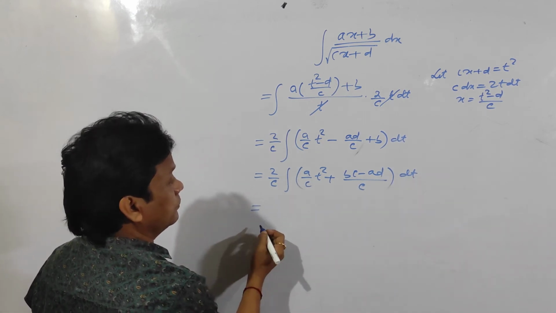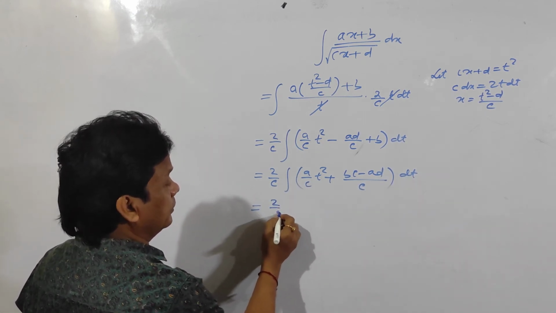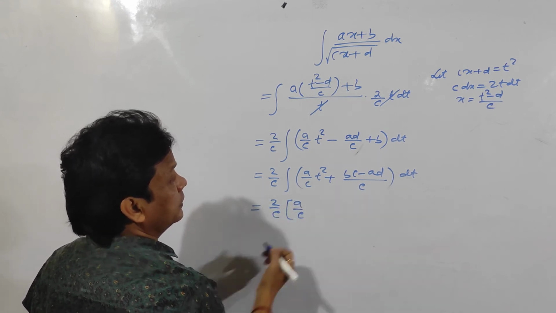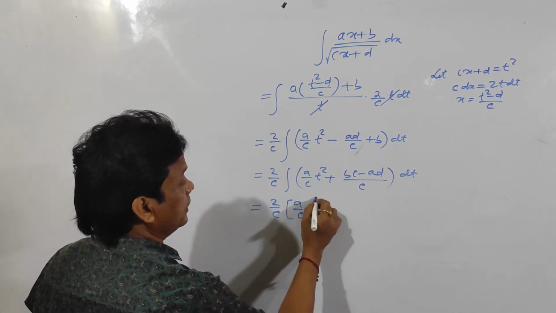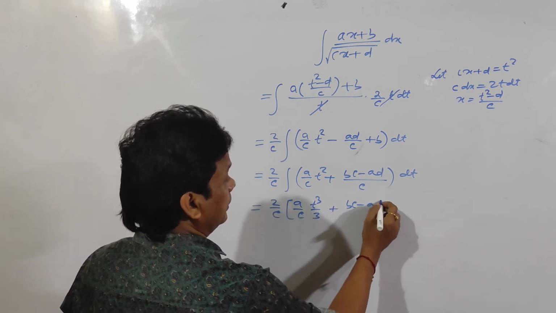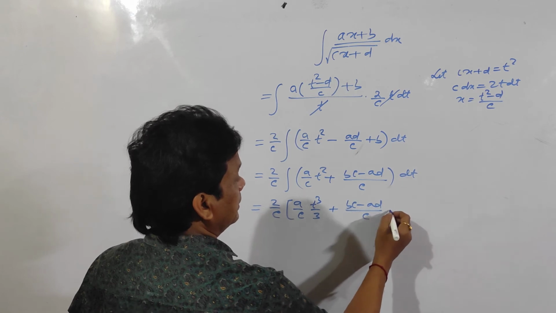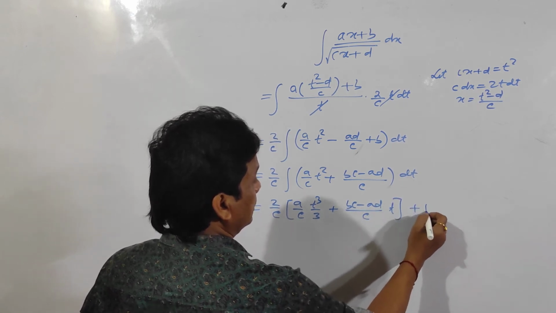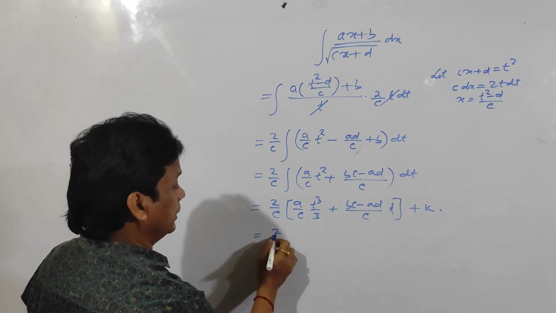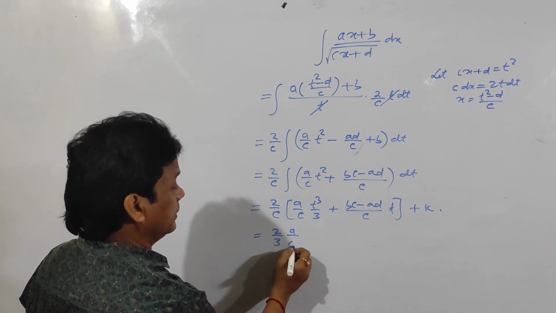And now integrate. It will be a by c t square dt. It is t cube by 3 plus (bc minus ad) divided by c, it is t, plus a constant k, and multiply 2 by 3 a by c square.